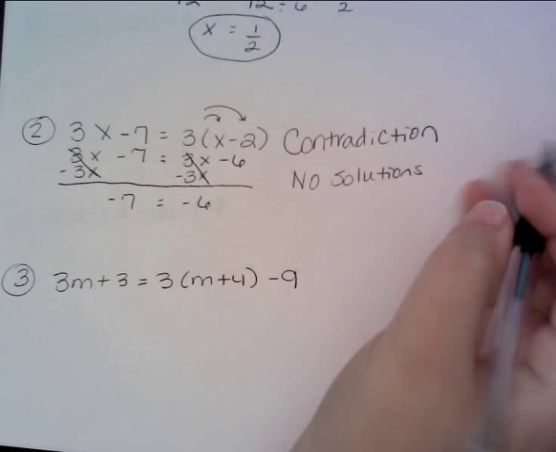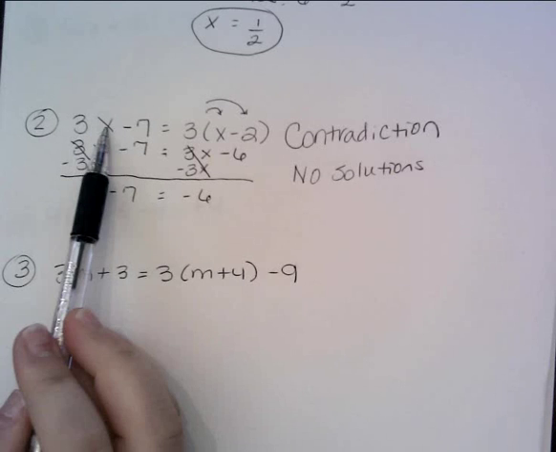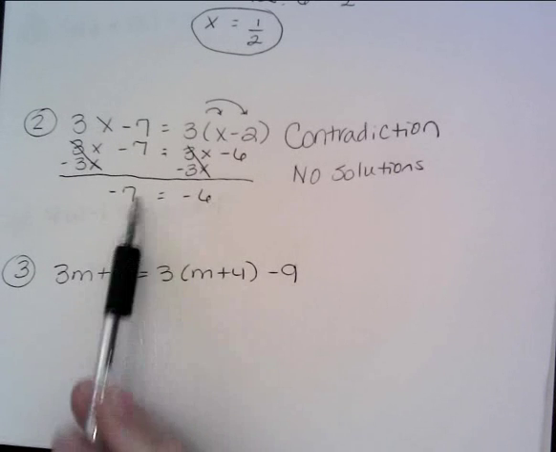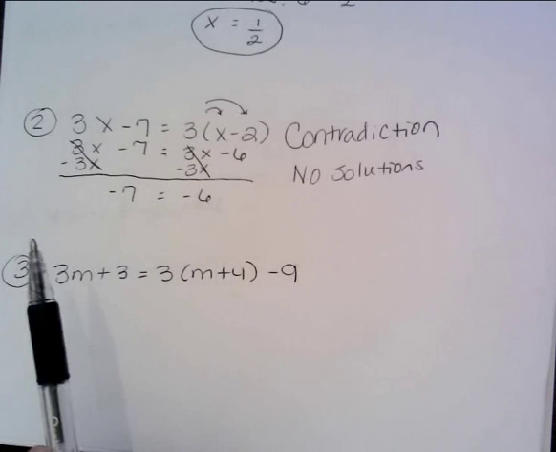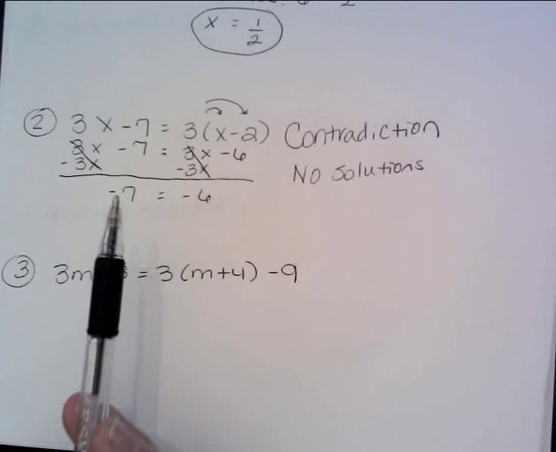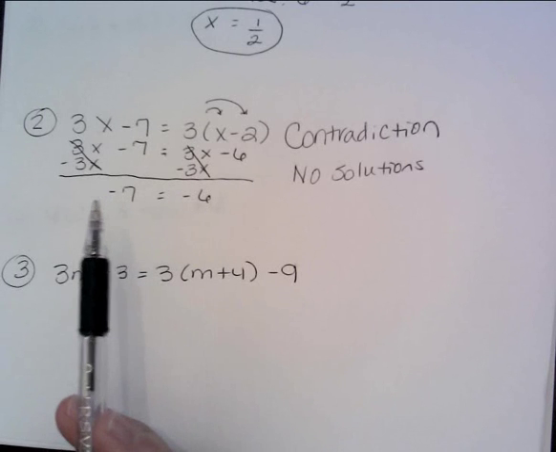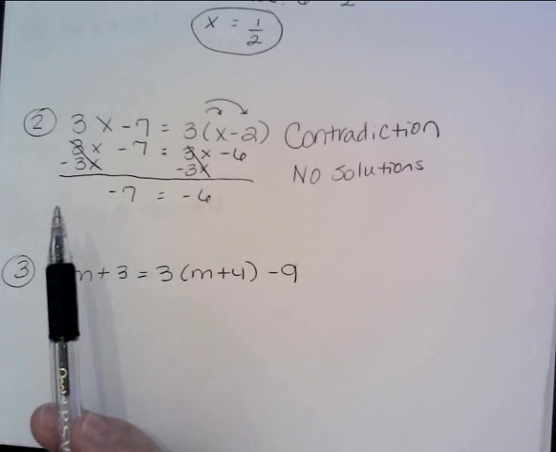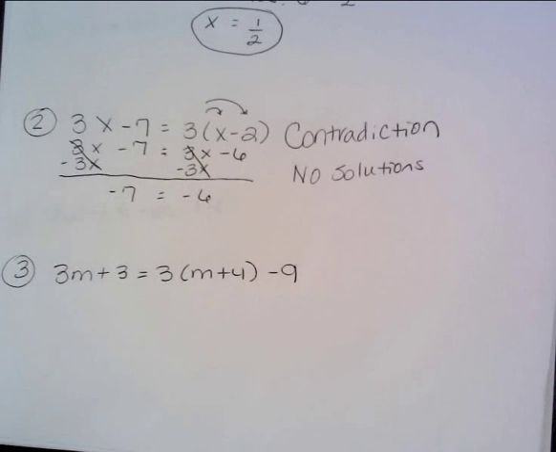Okay? There's nothing that you could have plugged in here for this x and this x to give you the same number on both sides. That means that this equation started off unbalanced. We're used to them always starting off balanced, like on problem number 1, where you get x equals a specific number. But that's not always the case.